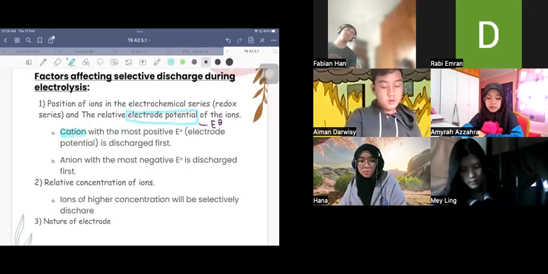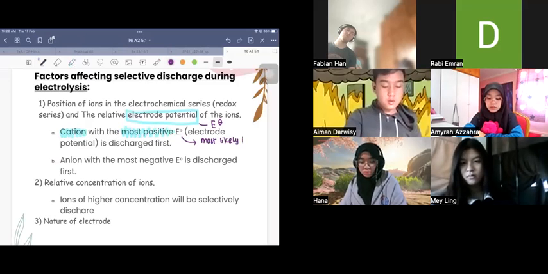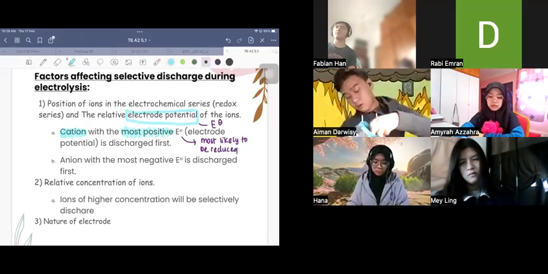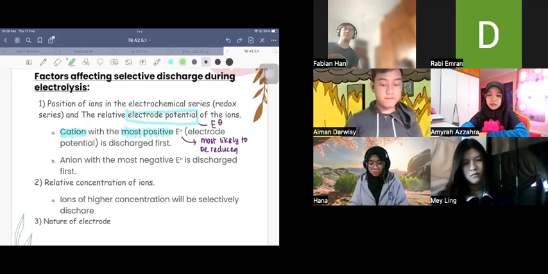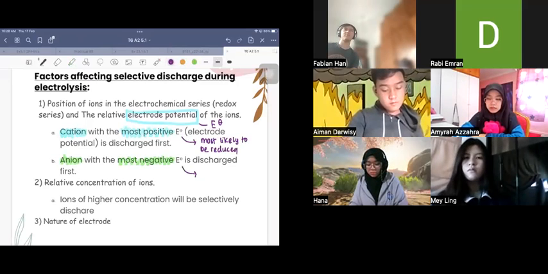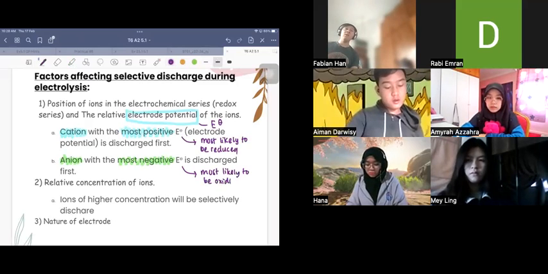I would highlight cation most positive because it means that it is most likely to be reduced, whereas your anion with the most negative E note is most likely to be oxidized.